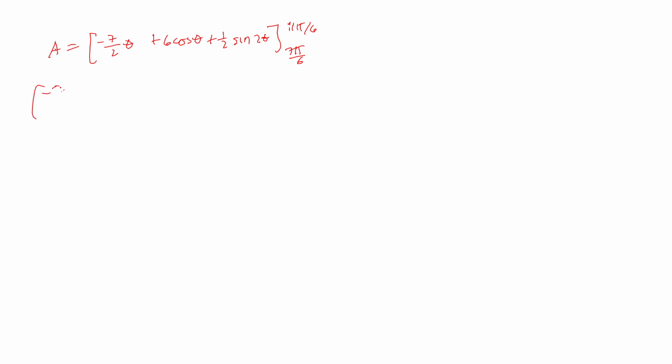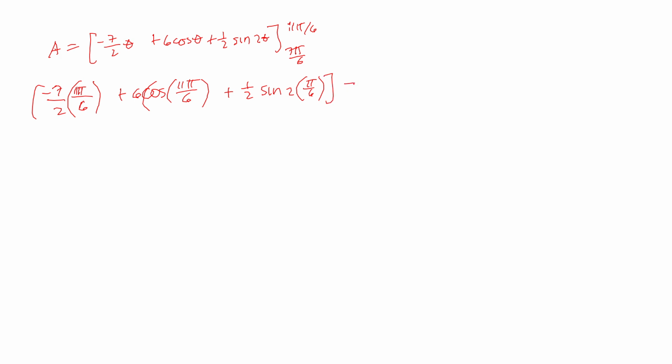Negative 7 over 2 times 11 pi over 6, then plus 6 times cosine of 11 pi over 6 plus 1/2 sine 2 times 11 pi over 6.